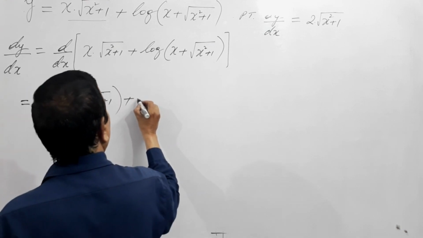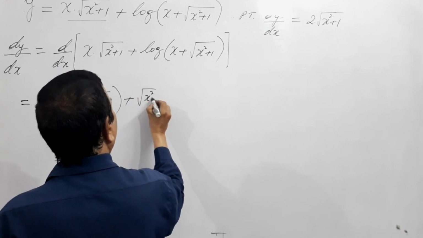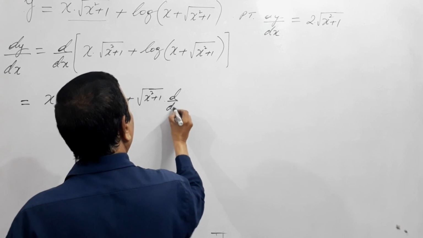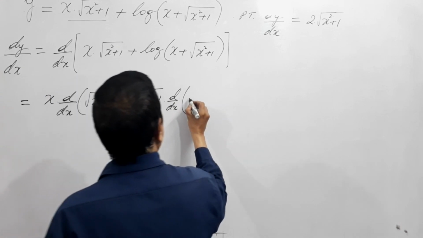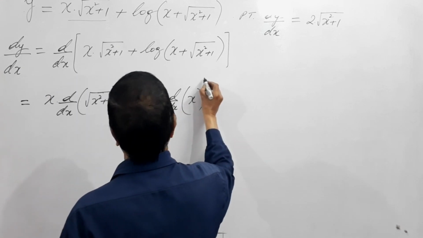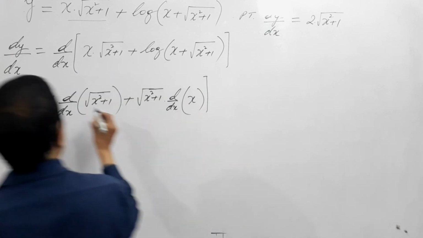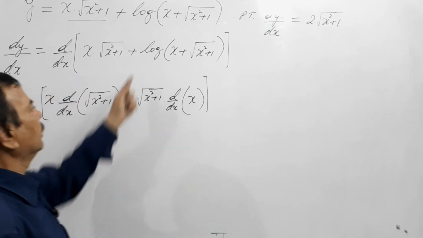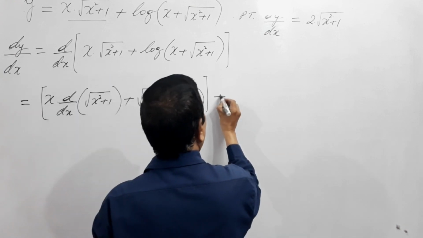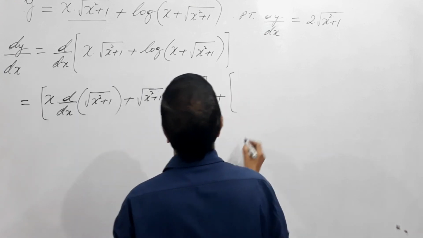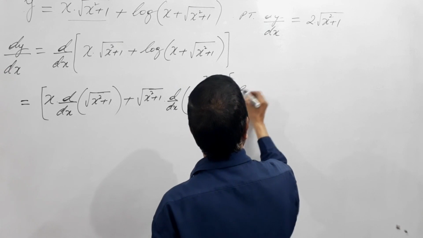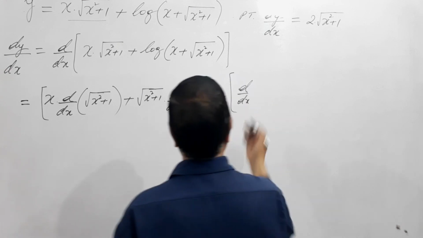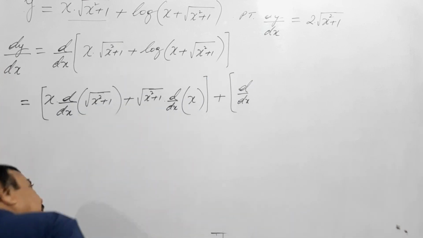plus under the root x square plus 1 into d by dx of x. This is pertaining to this part. Now plus d by dx of, so I'll differentiate this as it is, let's not bother.